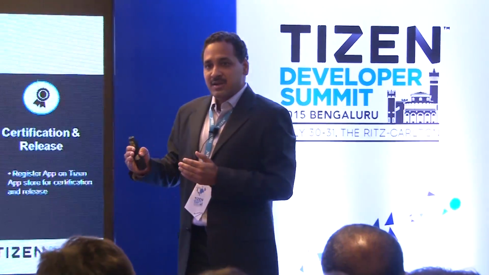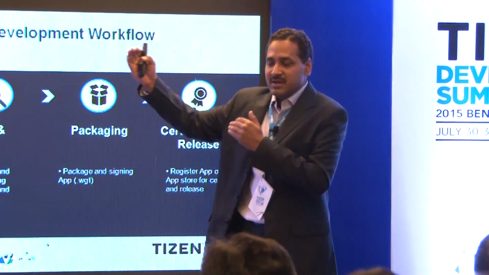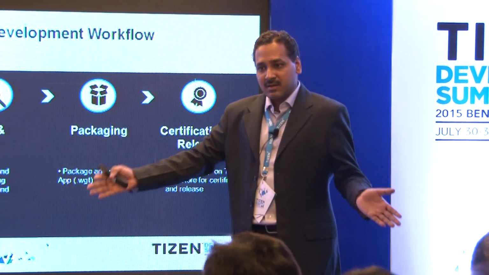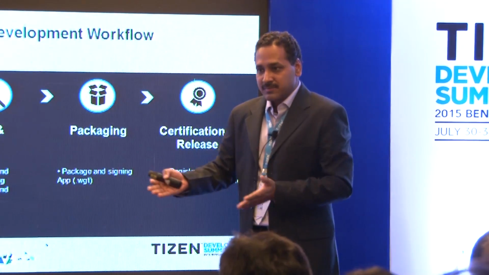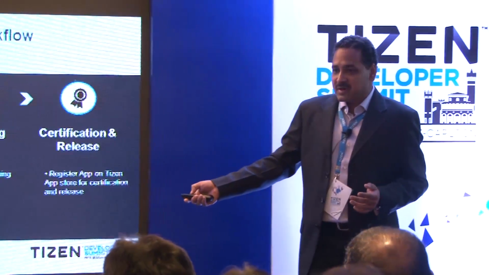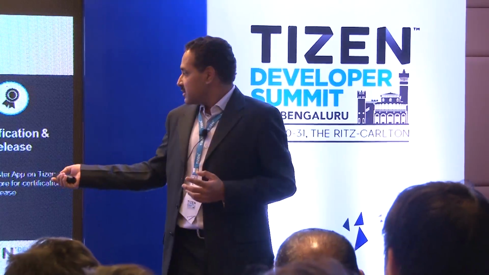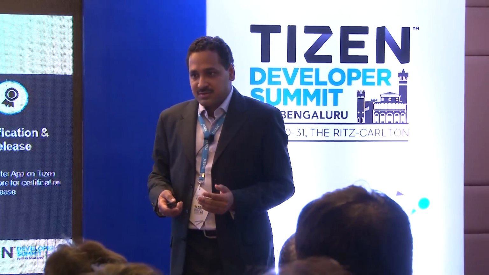After certification is done, your application will be available on Tizen App Store, and from there it can be downloaded on the TV and can be checked out or run. So we will be talking about the development and debugging part here. We will be talking about the packaging, that is the registration part, in our next couple of slides.